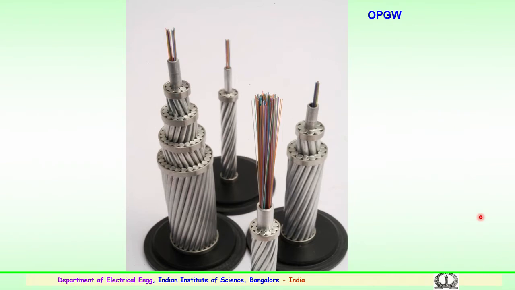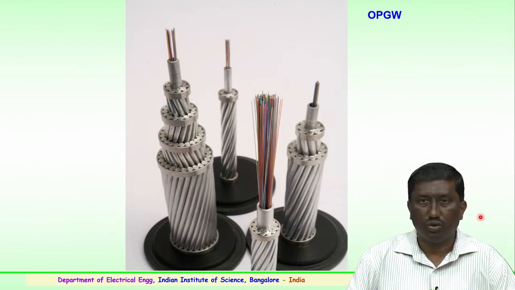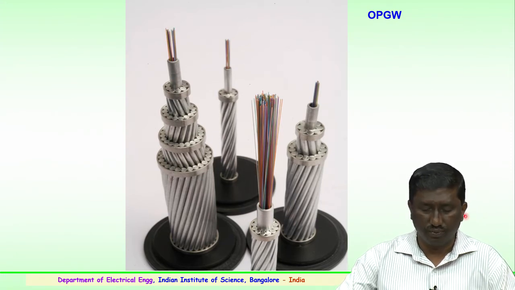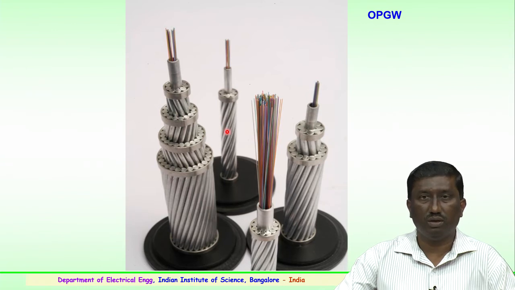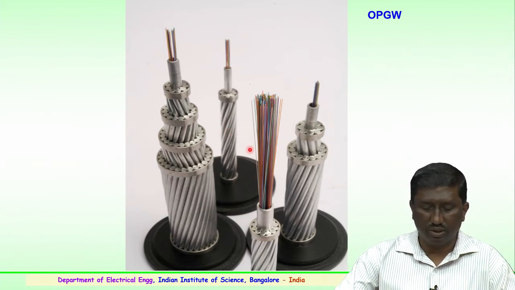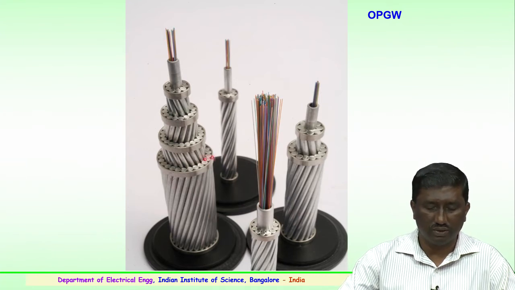Various types of optical ground wires are shown here. Depending upon the transmission voltage level, the size of the optical ground wire changes, and the diameter increases as the voltage level increases.